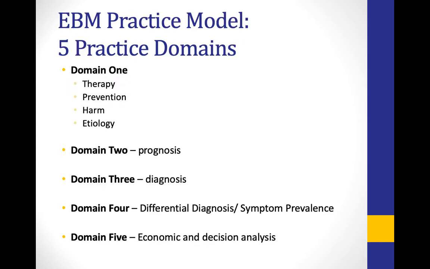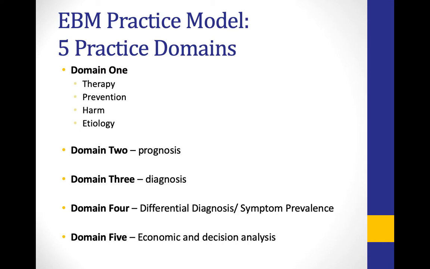Within PT practice, there are 5 main categories or domains where research or evidence is typically used. In Domain 1, we can use evidence to help guide us in the choice of therapy or rehab interventions. We can use evidence to find the best approach to prevention and reducing harm.